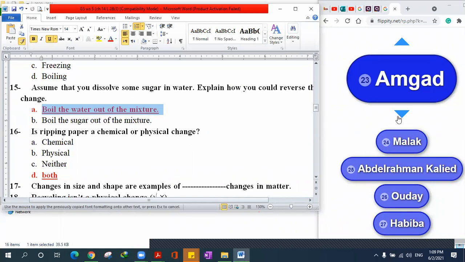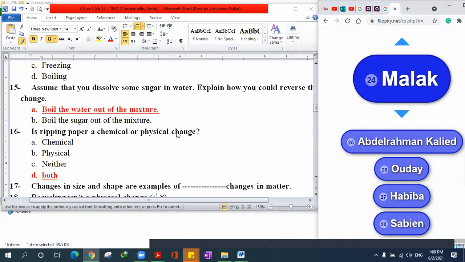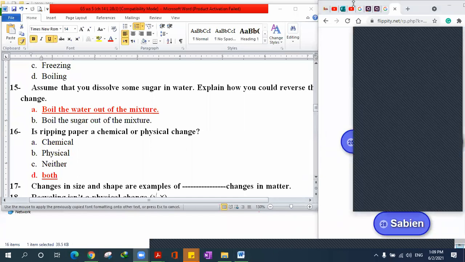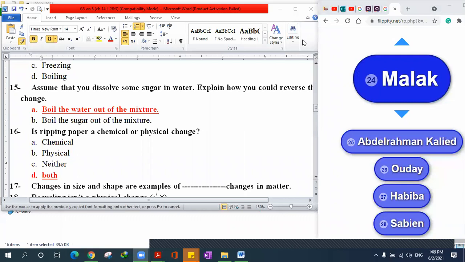Okay, now we have Malak. Miss, but when I boil the water, the sugar will be there. Yes, the sugar will stay, will be left behind. All the water will turn into gas and only the sugar will be left in the pan. Why didn't the sugar go with the gas?